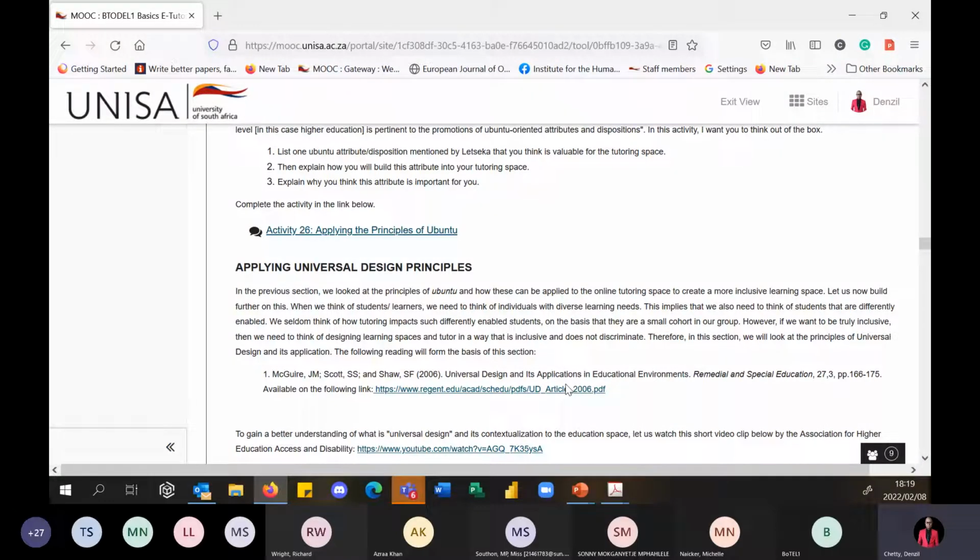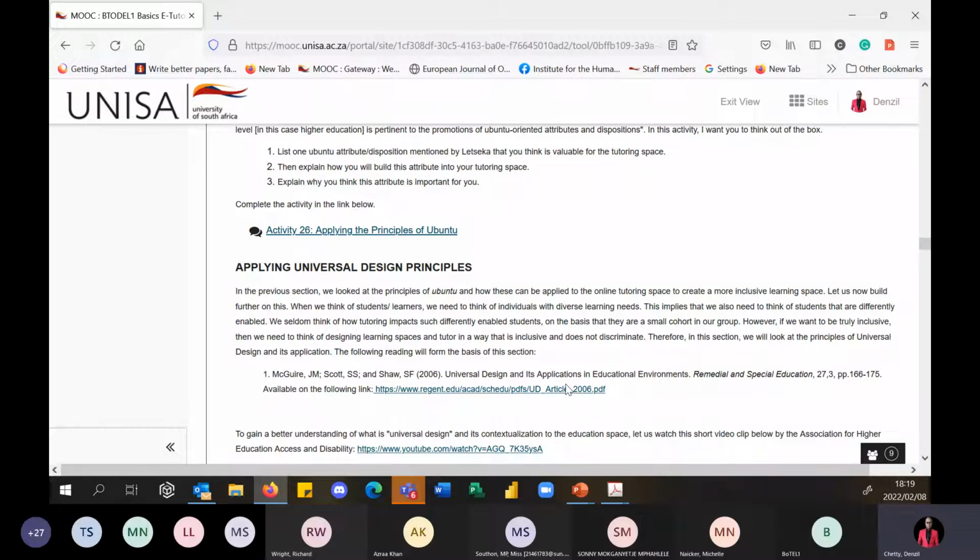It means simply that we need to be conscious of the fact that if we had a student that is differently enabled, are we creating an environment which is inclusive for that student? So for example, this morning we did a student workshop, a student training webinar on helping our students with the new upgraded My UNISA.